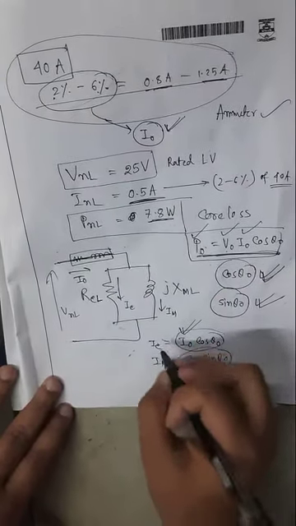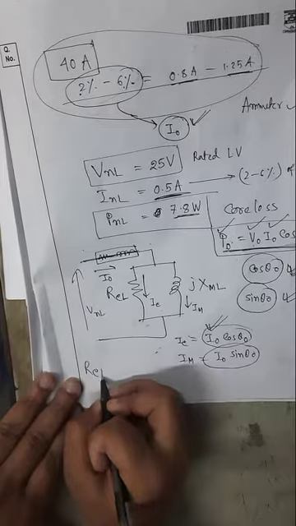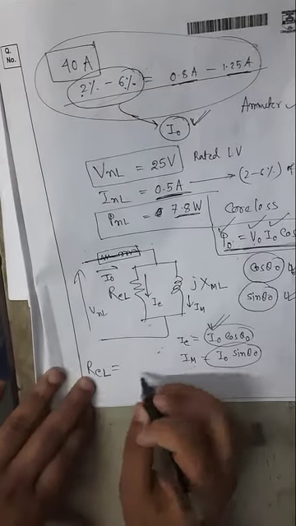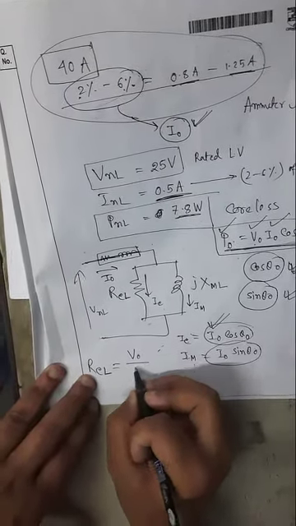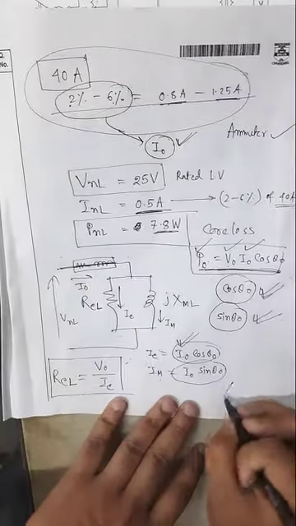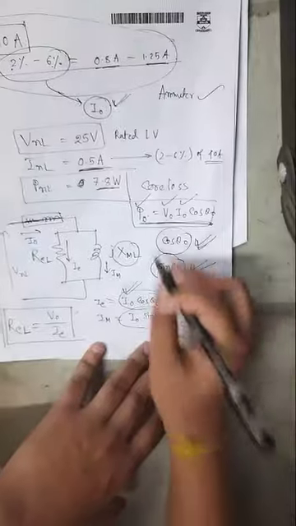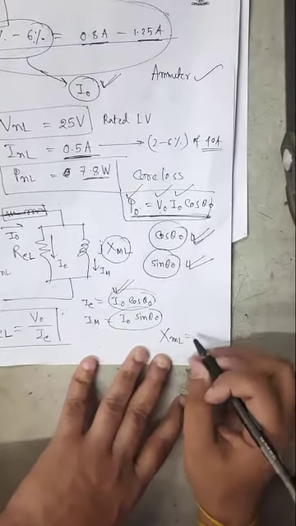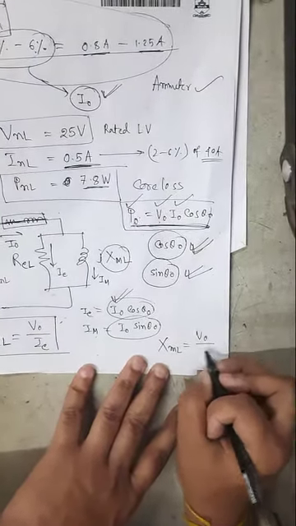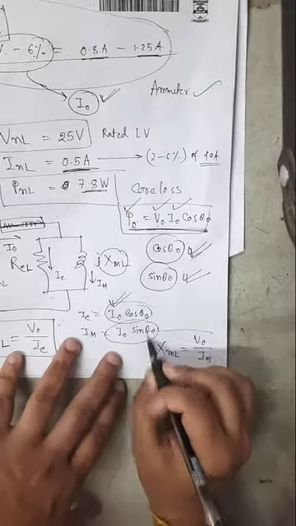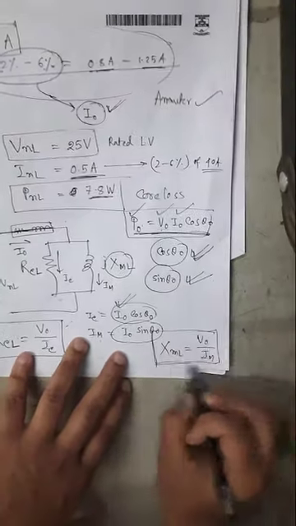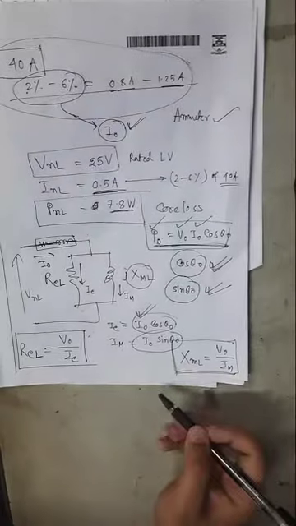Once IC and IM are known, you can find the core loss resistance referred to the low voltage side, that is V0 by IC. Another one is XM, the magnetizing reactance referred to the low voltage side, which is also V0 by IM. So this is your homework to calculate these values and estimate the parameters.